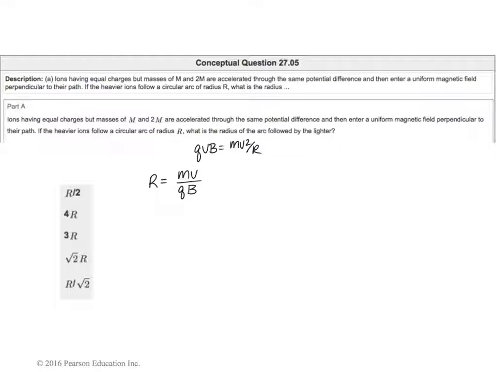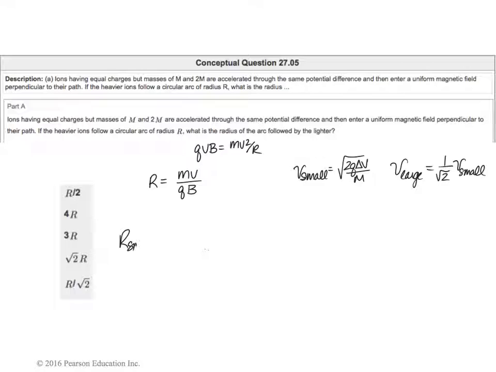And now I'm going to just remind us that the velocity of the small particle was the square root of 2q delta V over m, and the velocity of the large particle was equal to 1 over the square root of 2 times the velocity of the small. That was the result we had from the previous page. So now let's look.